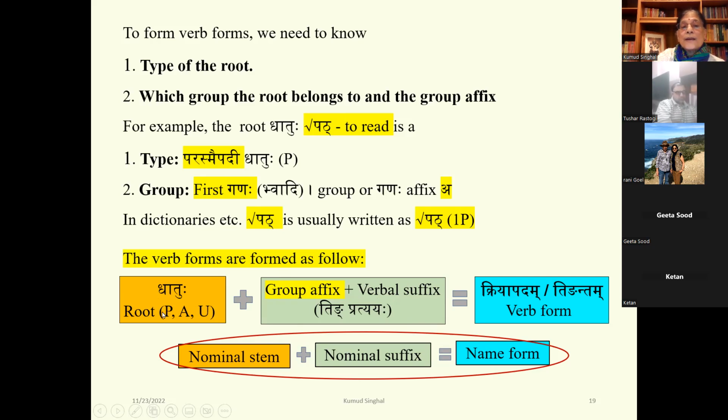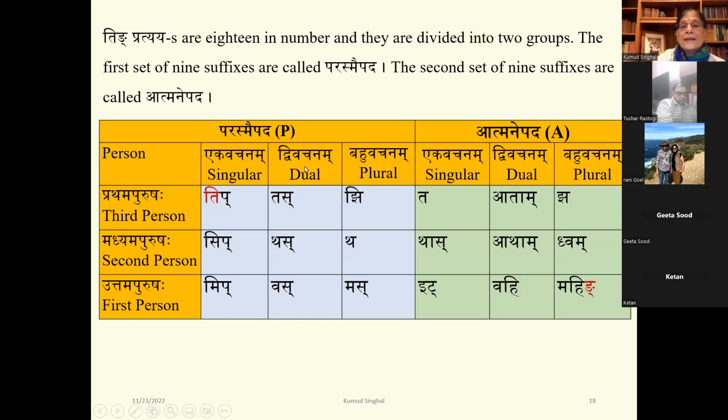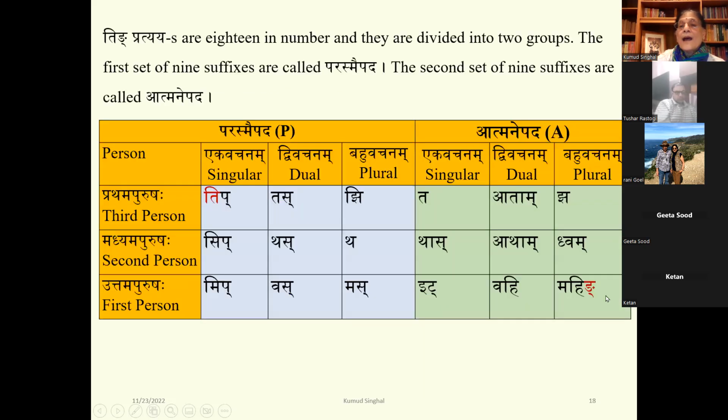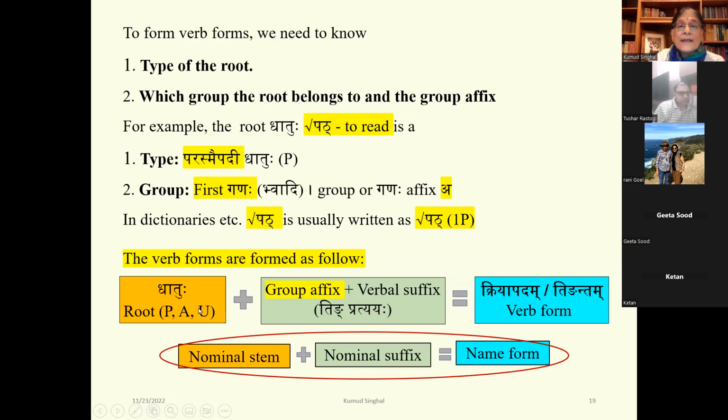If it is a parasmaipadi dhatu, you will add the parasmaipadi suffixes. If it is an atmanepadi, you will add the atmanepadi suffixes. And then you also add a group affix to the dhatu, and the resulting word will be a verb form.